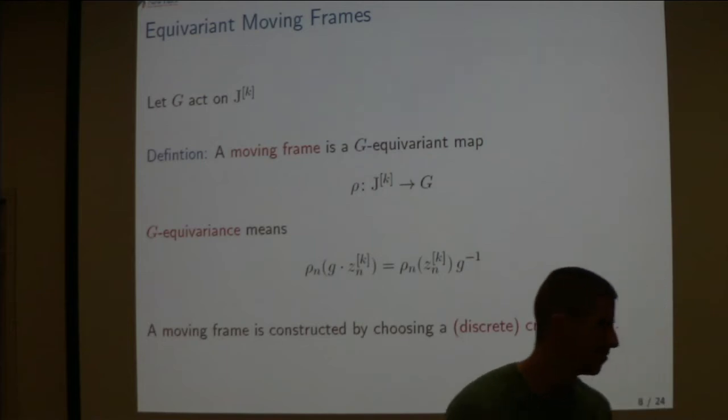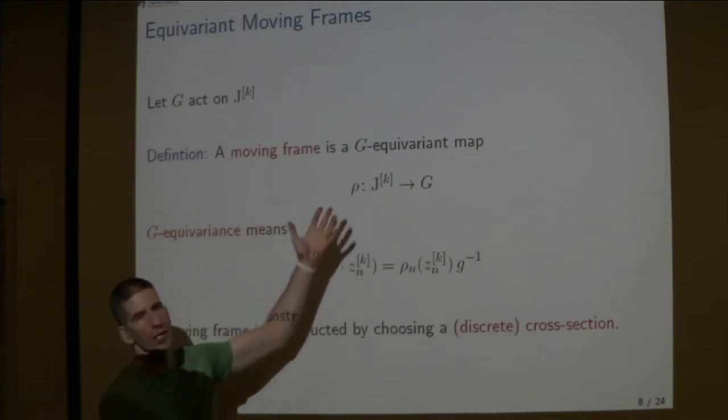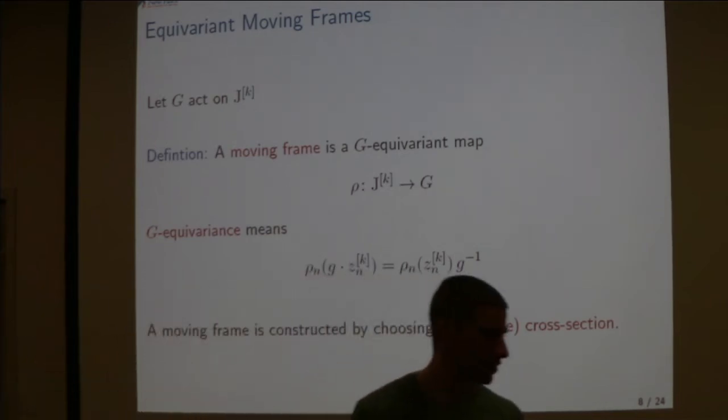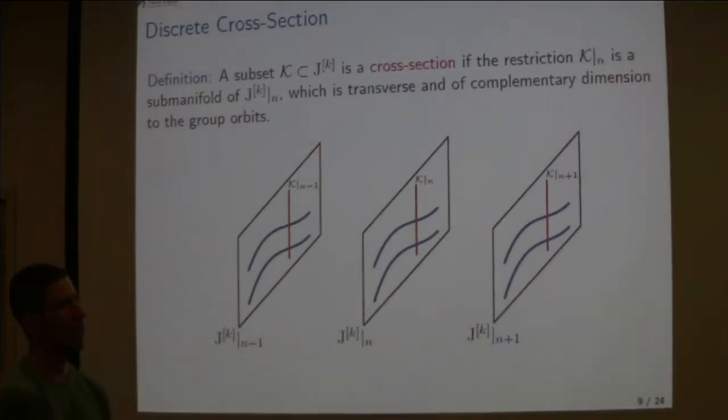In order to construct this map, rho, we need to introduce what we would call a discrete cross section. That's what I would like to talk about. Once we have this notion of discrete cross section, I will show you how moving frames are constructed and why they are indeed G equivariant.